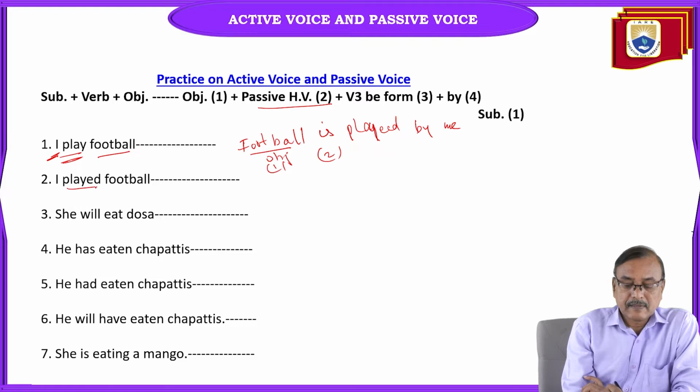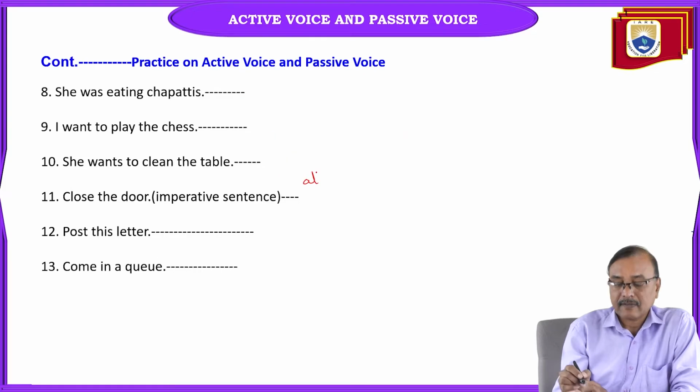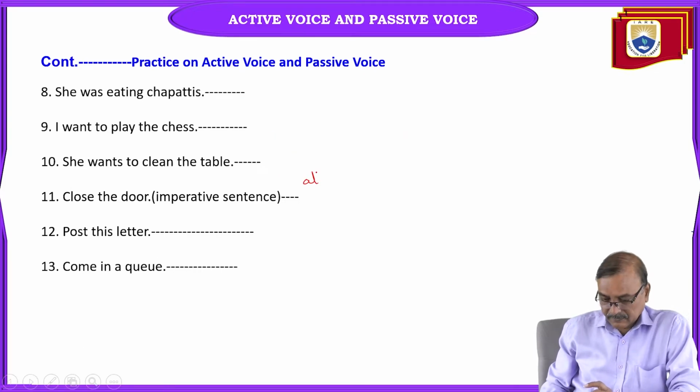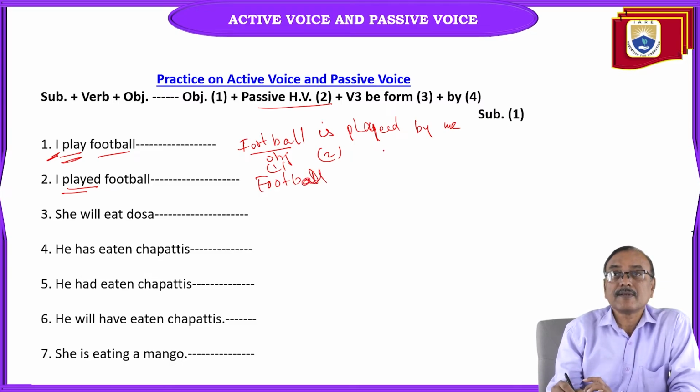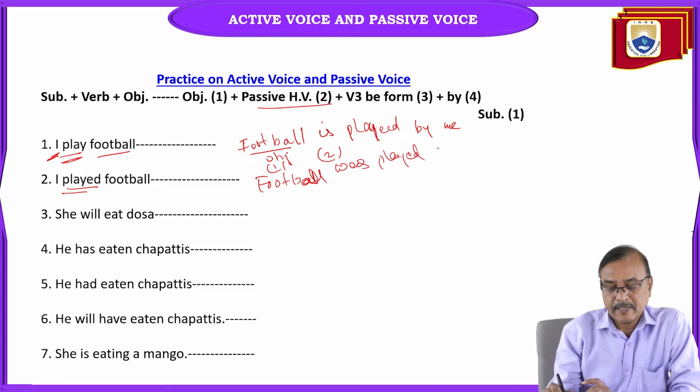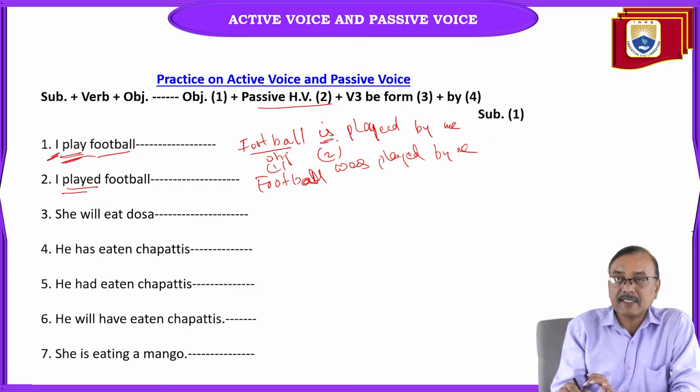Now if it is past tense, what are you using here? Was. Football was played by me. Since it is present tense, we use is. Since it is past tense, we use was as the passive helping verb.